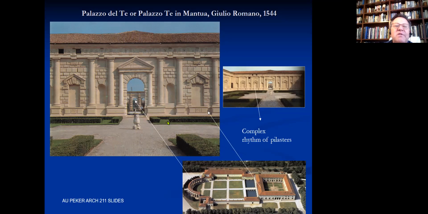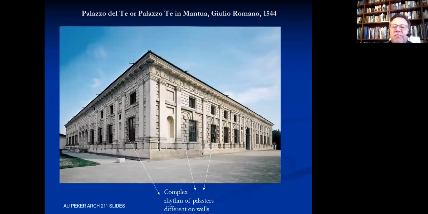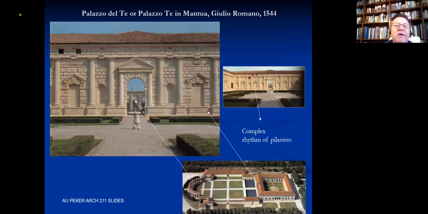Let me illustrate. For example, when you look at this entablature, you see partly deteriorated, spoiled, these falling stones. Why? And look at this strange niche opens between those two pilasters.